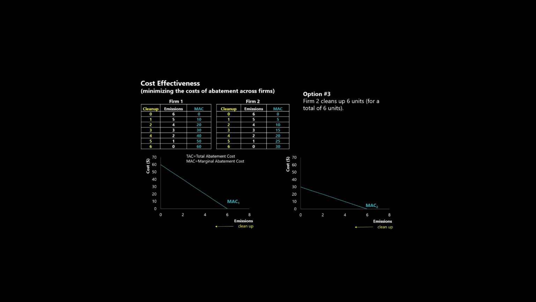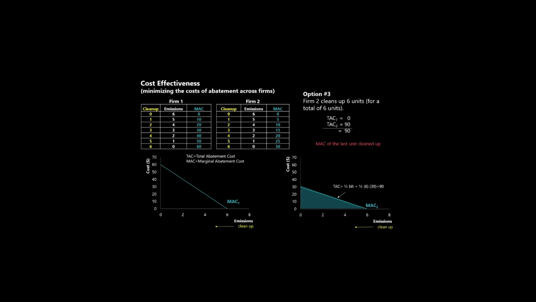So it's cheaper for this firm to clean up each unit of pollution. If Firm 2 goes from 6 to 0 units, we get that full area and a total abatement cost of 90. So summarizing, the total abatement cost for Firm 1 is 0, for Firm 2 is 90, and the total is 90, which is again higher than that first one, 67.5.